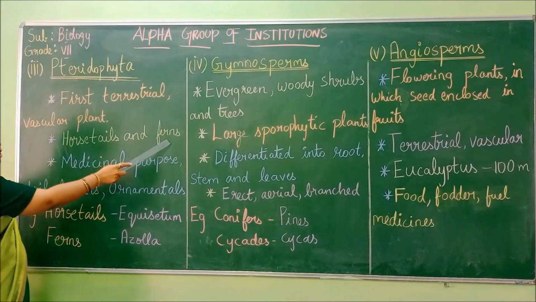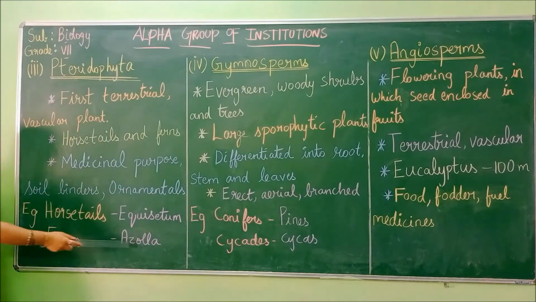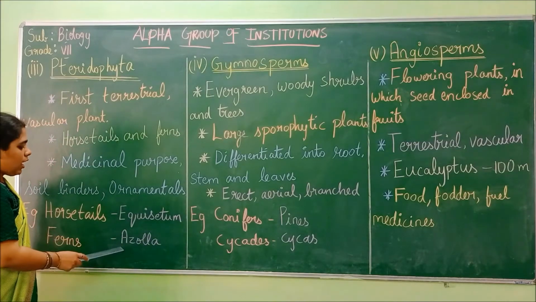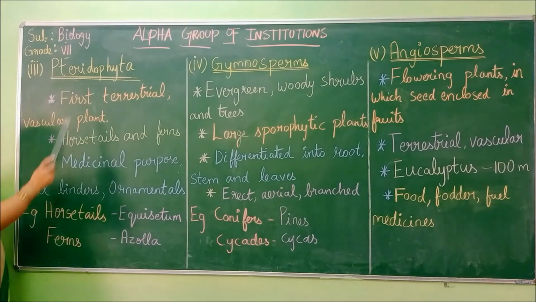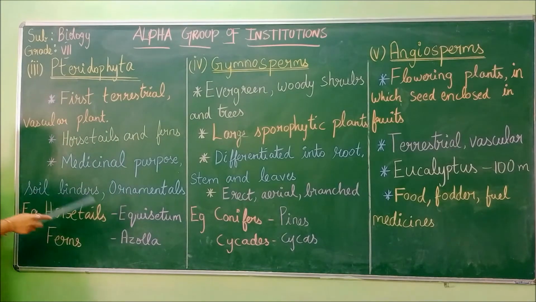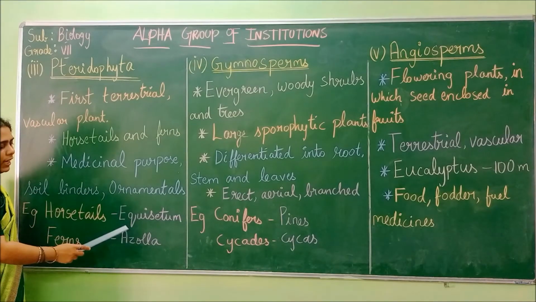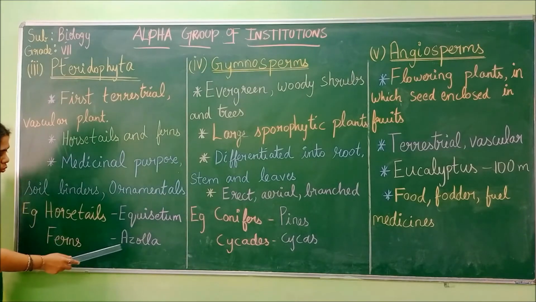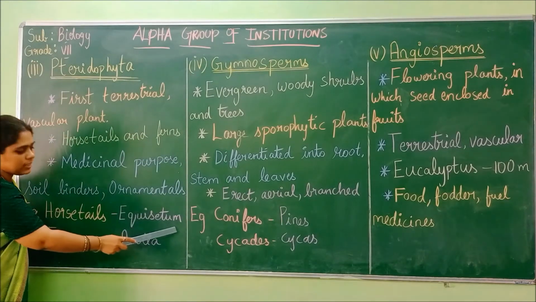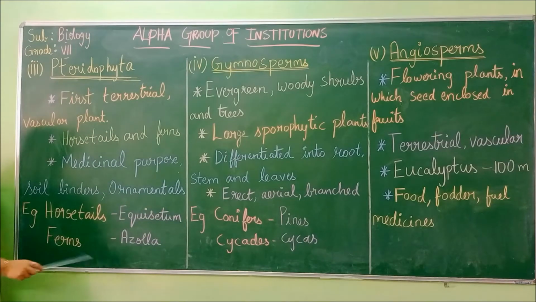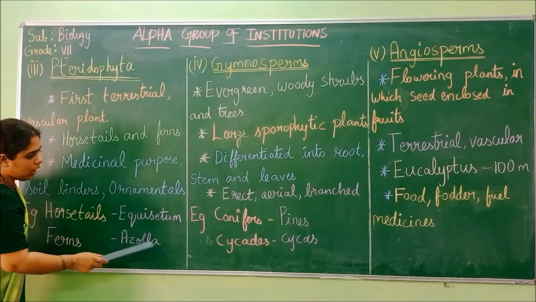Next we saw ferns. For ferns, the example is Azolla. This Azolla comes under pteridophytes. Pronounce it correctly, children: Equisetum for horsetails, and Azolla for ferns.